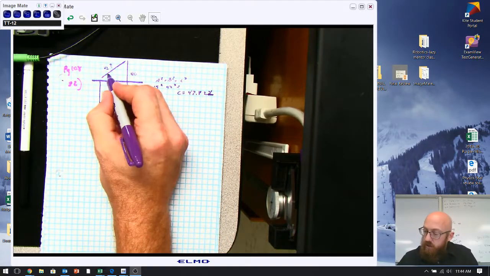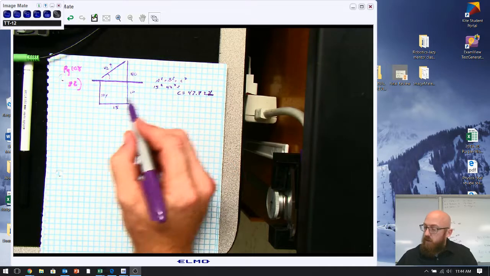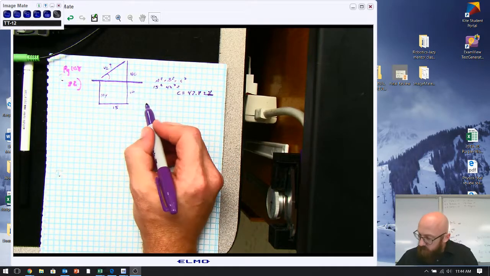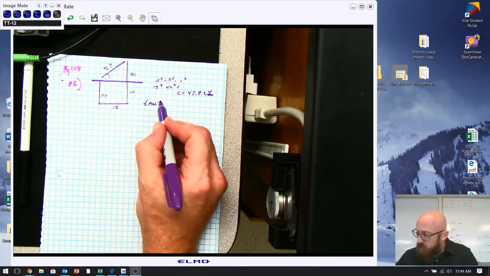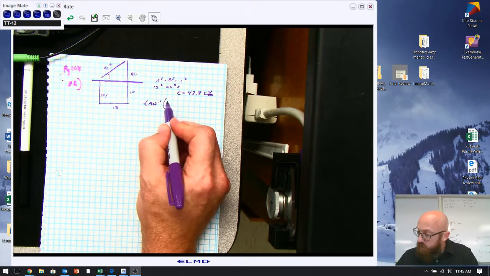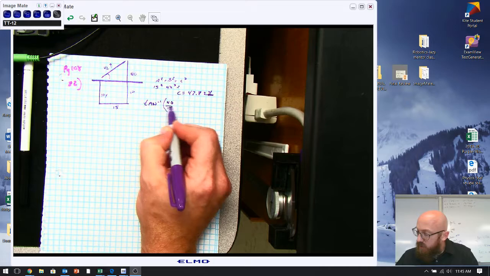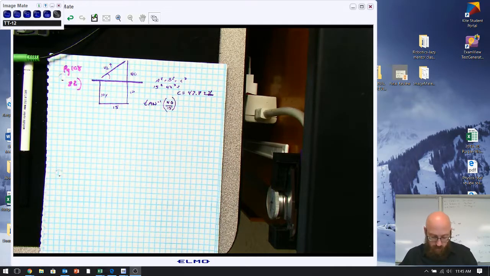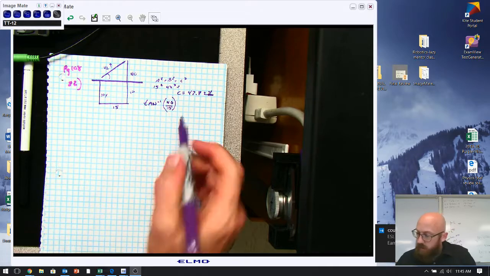The problem is everyone just kind of left it like that. I'm going to use x as 15, inverse tangent, delta y over delta x. So y is 40, x is 15. And it's 1 degree.